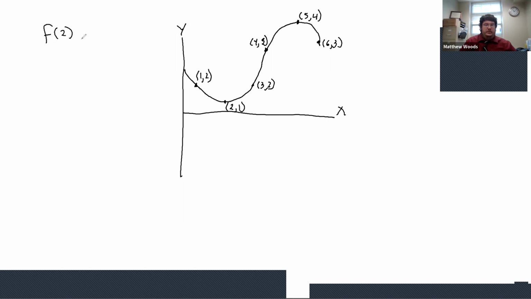What would f of 2 be? What you do is you find 2 on the x-axis and report the y value.